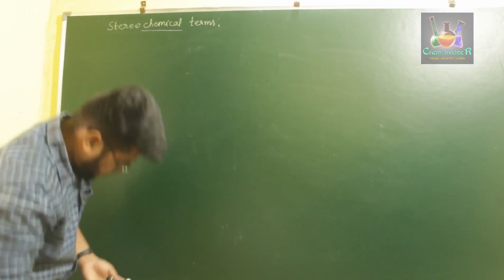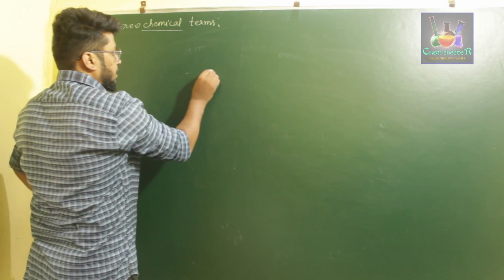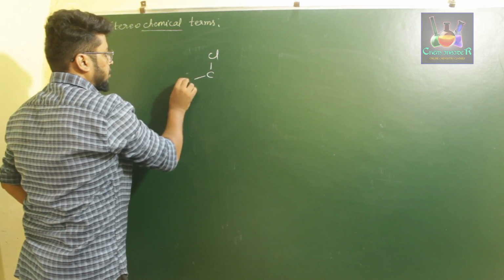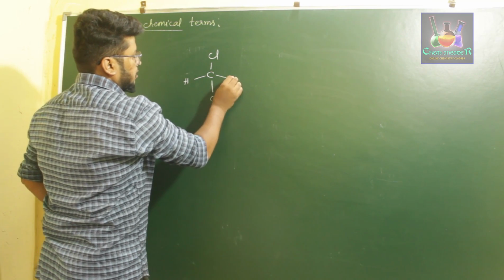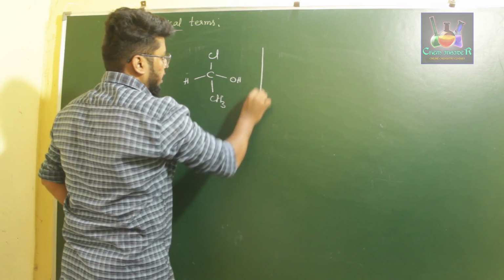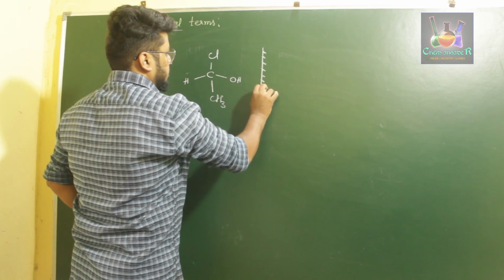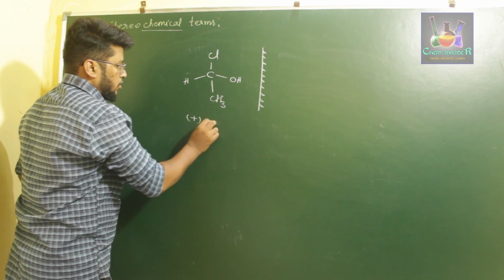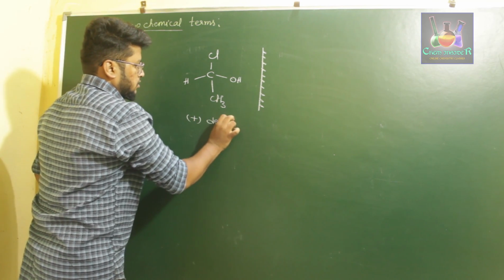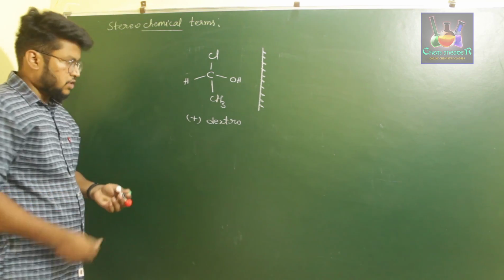So if you take carbon with chlorine, hydrogen, CH3 group and OH group, and we are placing a mirror here. So let us say this compound is plus rotatory or dextrorotatory.